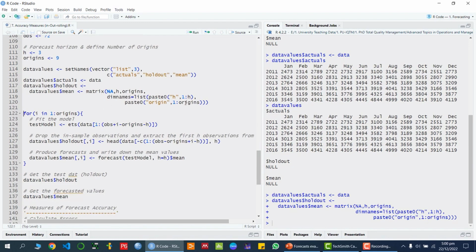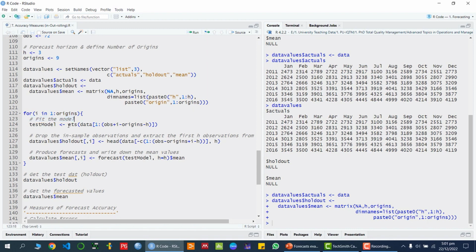Once we have created this, I am going to create the model fit in sample and out of sample. So I am developing a loop for i in 1 to regions, which means 1 to 9, so the loop is going to run from 1 to 9. First of all, I am fitting the model.